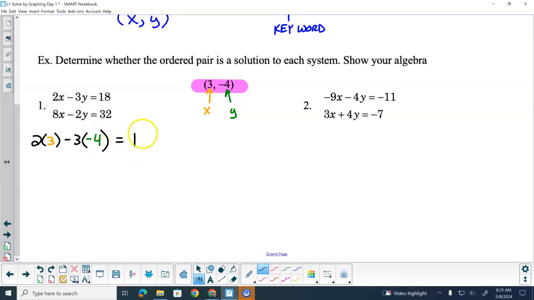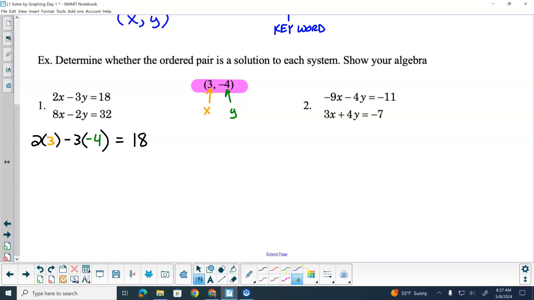And that has to equal 18. If it doesn't equal 18, it is not a solution. Okay? If it does equal 18, then it is a solution.